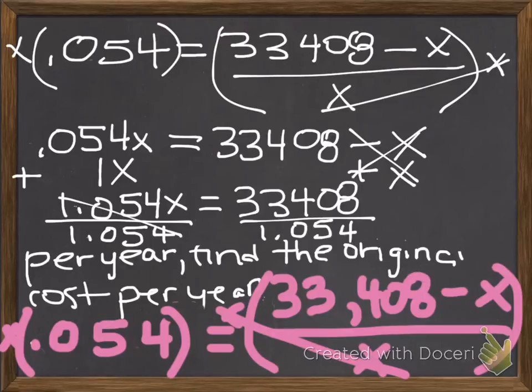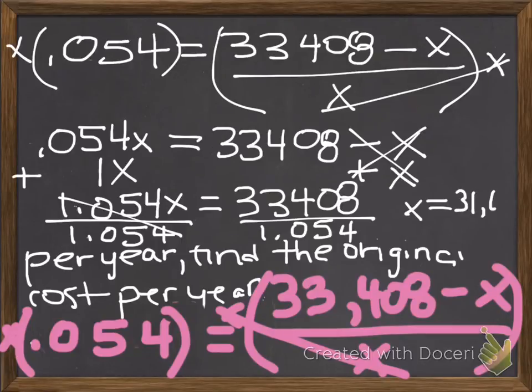So we get x equals 33,408 divided by 1.054. So this gives me about 31,696.